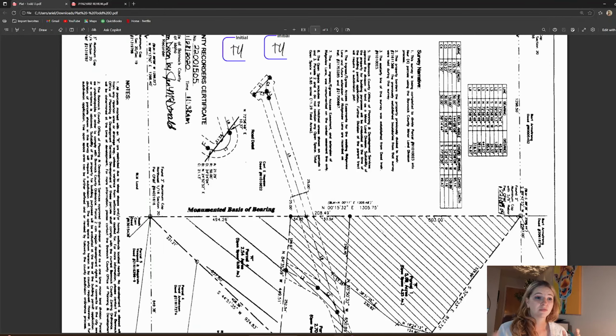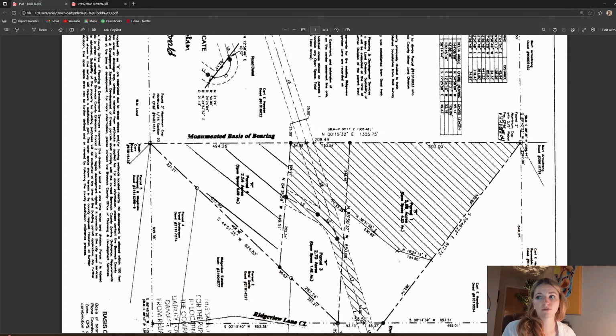And when you're dealing with small lots where you can't be touching any setbacks, it's crucial that it is accurate, because you could end up in a setback if the design that you made was touching and then it wasn't triangulated correctly because a curve data or a line was off.